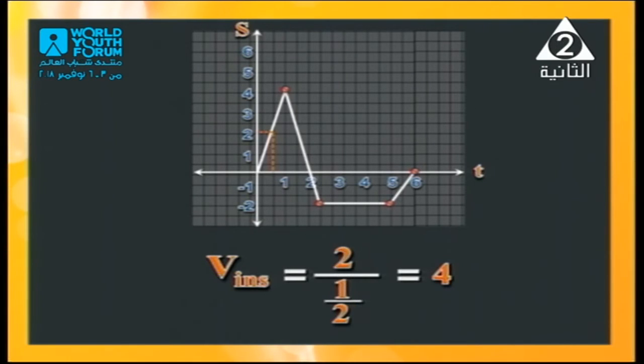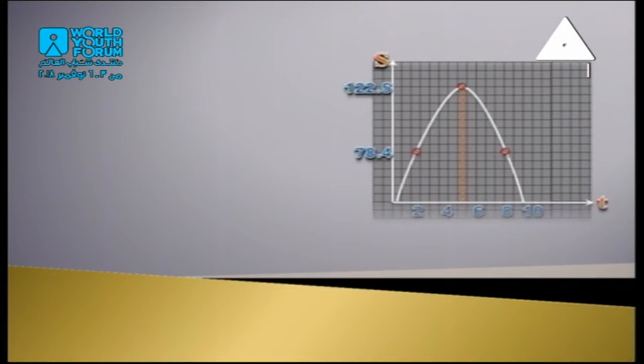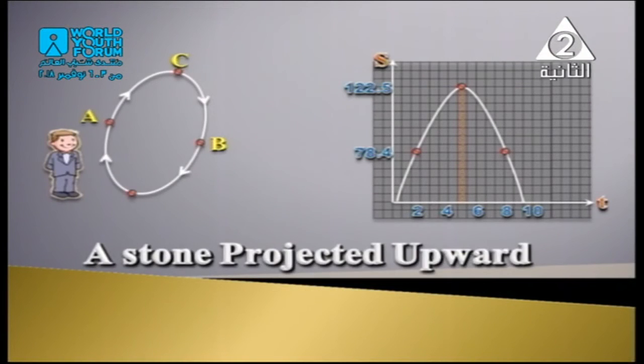My dear student, look at the opposite figure, which represents a stone projected upward. We have the ST curve of a stone projected upward. When t equals 5, the stone reaches 122.5 meter.